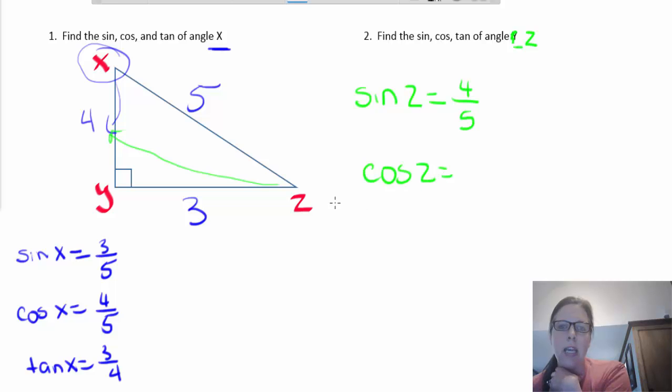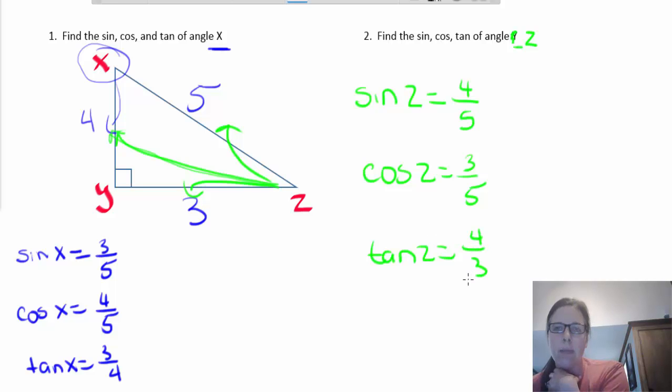Cosine of Z would be adjacent over hypotenuse, which is 3/5. And then tangent of Z would be opposite over adjacent, so 4/3.